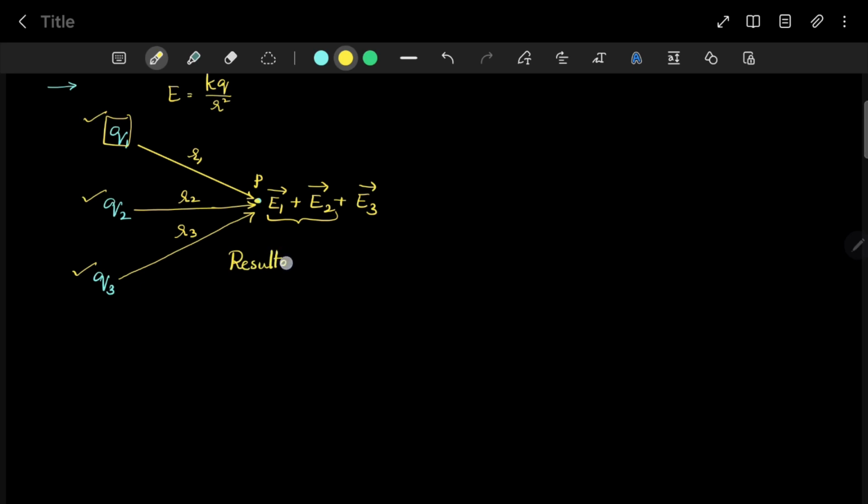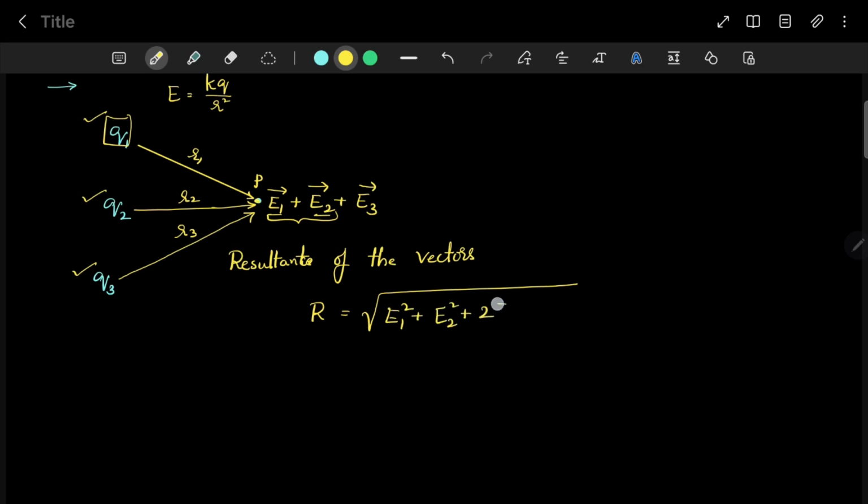You might remember the resultant formula: for E1 and E2, the resultant is equal to the square root of E1 square plus E2 square plus 2 E1 E2 cos theta, where theta is the angle between E1 and E2.